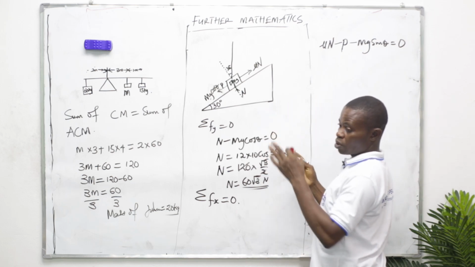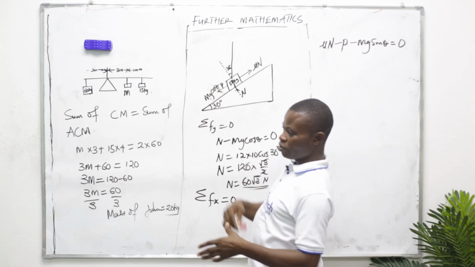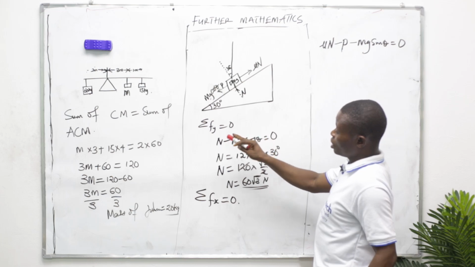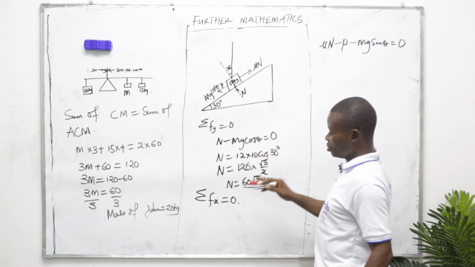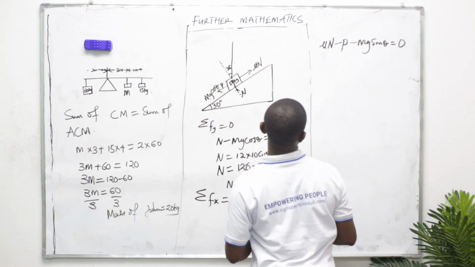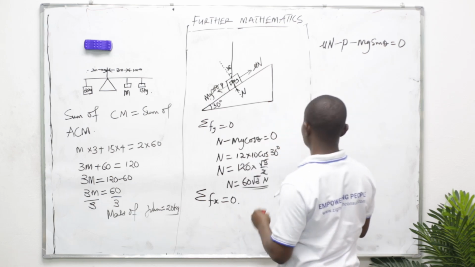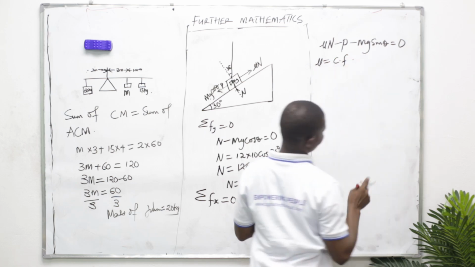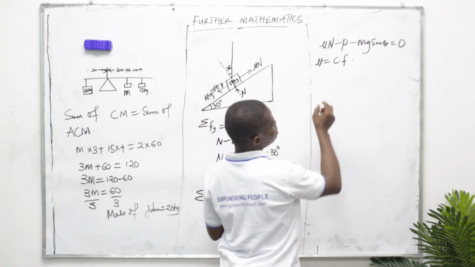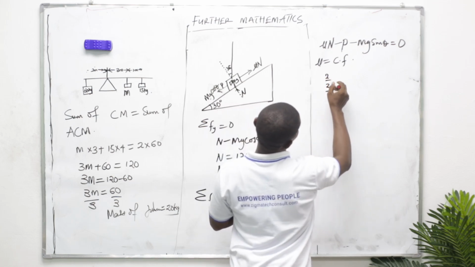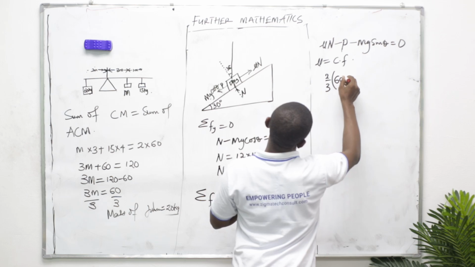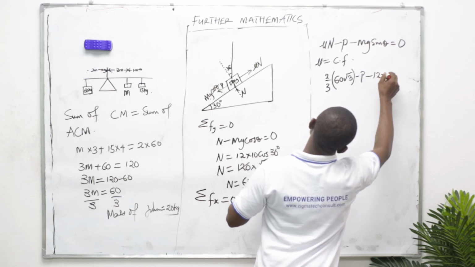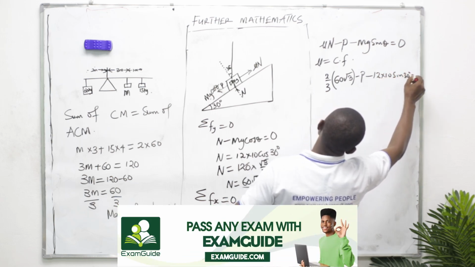Resolving into horizontal and vertical components: Fy is the vertical, Fx is the horizontal. Now, recall that F equals mu N, where mu is the coefficient of friction, which you were told is 2 over 3. Multiply by this: 2/3 times 60 root 3 minus P minus 12 times 10 sin 30 degrees equals 0.